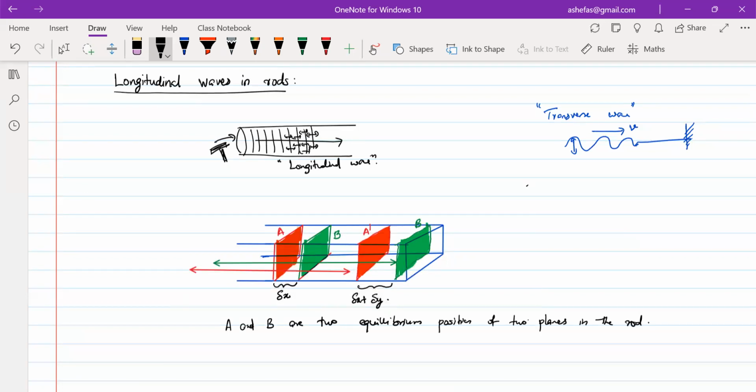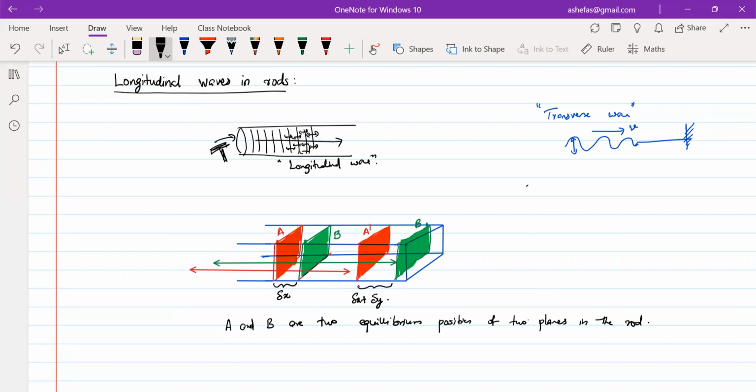And when the wave propagates, what would happen is these planes would oscillate. So this red double-sided arrow represents the oscillation of plane A, and the green double-sided arrow represents the oscillation of plane B.